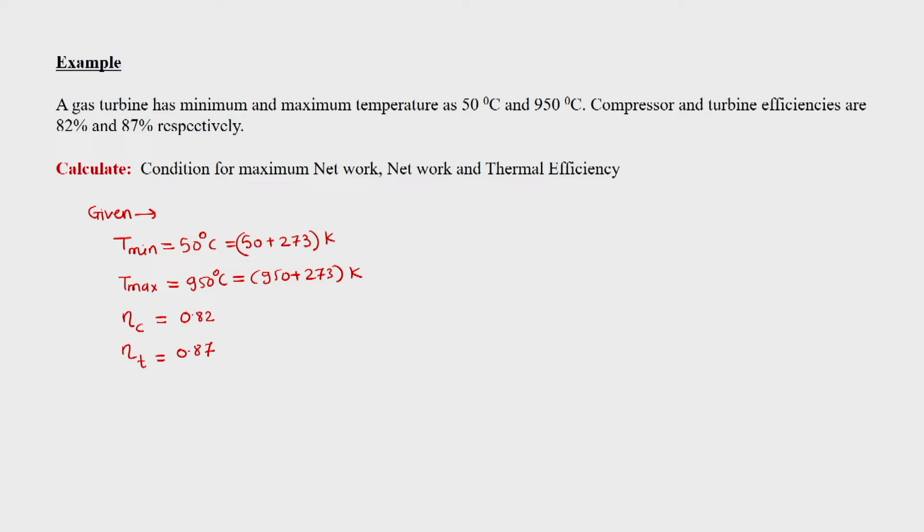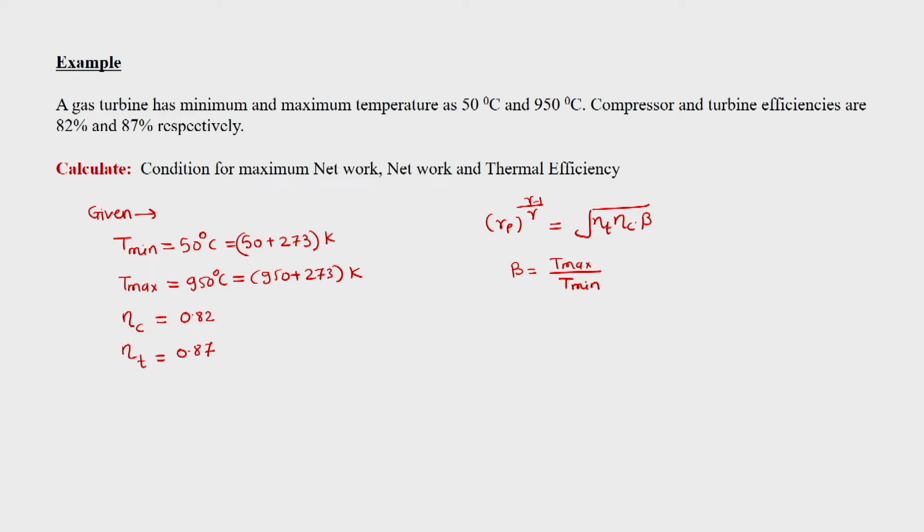In that we had derived that Rp raised to gamma minus 1 upon gamma is equal to eta t, eta c into beta. Here beta is equal to T max upon T min, the ratio of maximum and minimum temperatures.